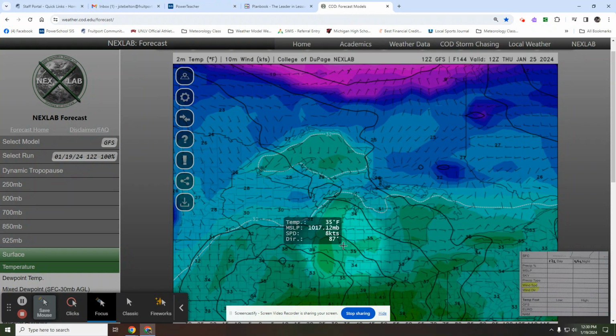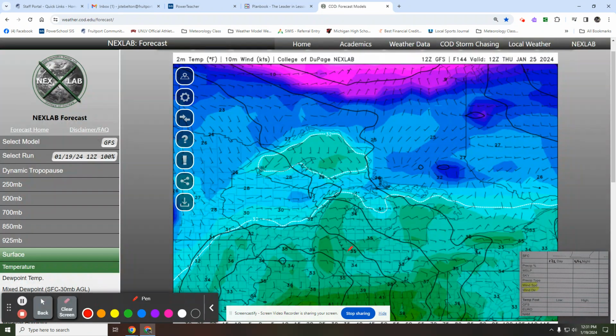So the wind direction on these, if it's a northwest, south, northeast, southwest compass, we tell the direction that it's coming from. So with this right here, the winds are coming from the east. Okay, so that's the direction the winds are blowing from.